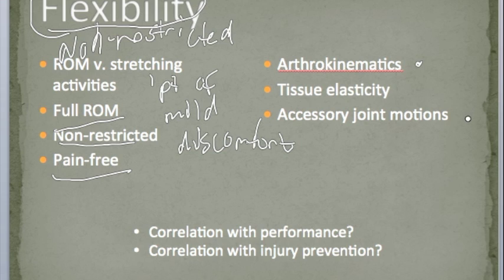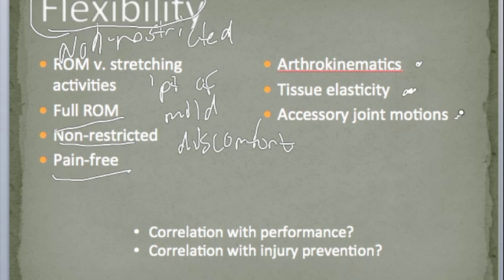Is there going to be a bony block at some point? So on. And tissue elasticity is somewhat what we talked about in the last slide. So how much play do you have in those muscles and in those tendons, in those nerve sheaths? How much play is there to be able to do the normal motion?